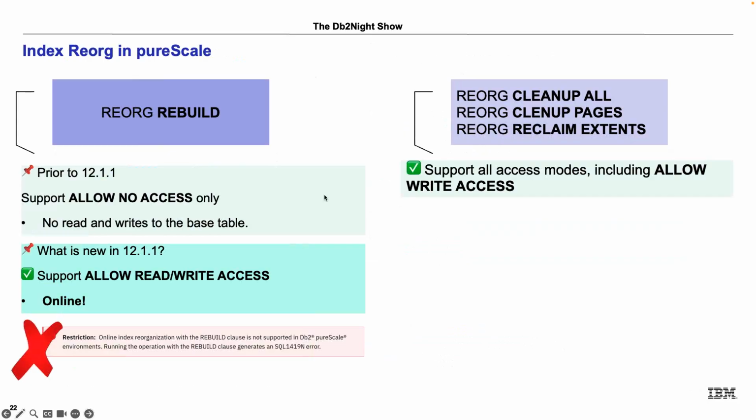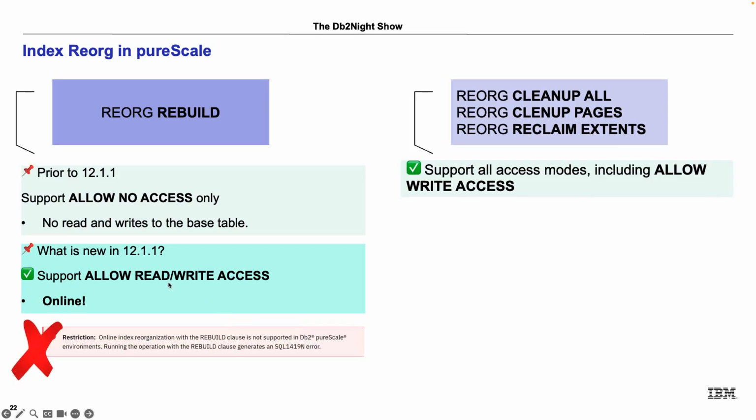Now let's have a quick review of what we have for index reorg in pureScale. In early Db2 versions before 12.1.1, reorg rebuild in pureScale only worked with allow no access. That means no reads, no writes. The cleanup pages and reclaim extents options have always supported online, even with allow write, for pureScale.